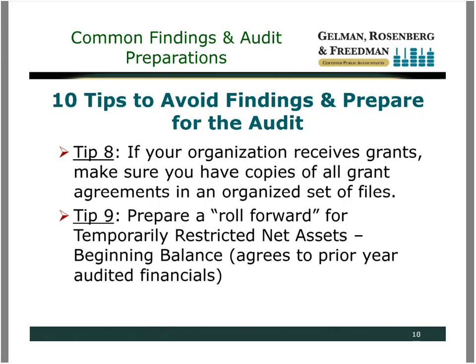Tip number 9. Prepare a roll forward of your temporarily restricted net assets. This is often one of the bigger items on the balance sheet that we look at and we spend some time with, not only making sure the new revenues are right, but that we're releasing it out correctly. So really, the schedule should be very easy.